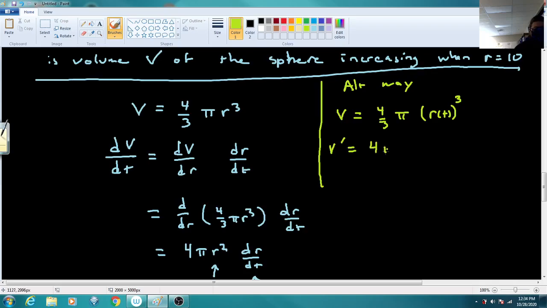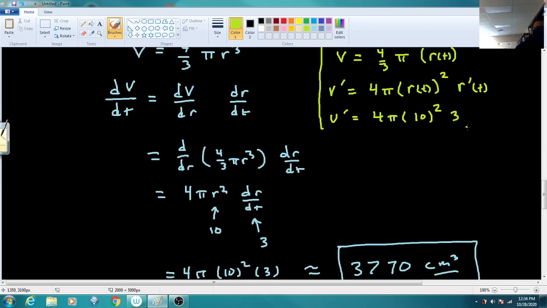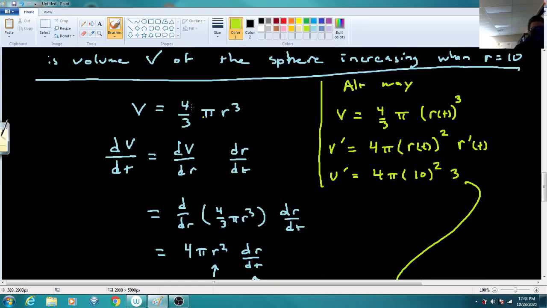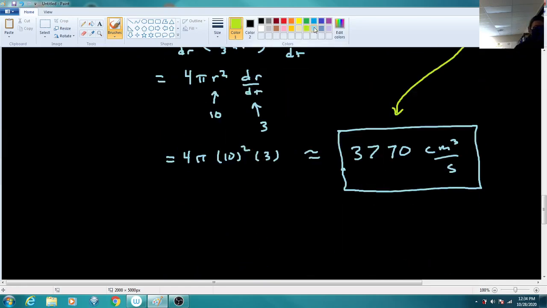You get 4 pi times the inner part squared, so the r function squared. Then you multiply it by r prime, which is the change with respect to t. And we can see that everything comes out the same. r of t, we're looking at when the radius is 10, and r prime of t is the rate that it changes, which is 3. And it ends up being the same thing. So that's seeing it in the prime notation, and the other is viewing it in Leibniz notation.